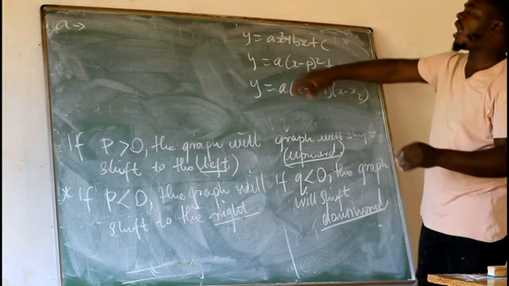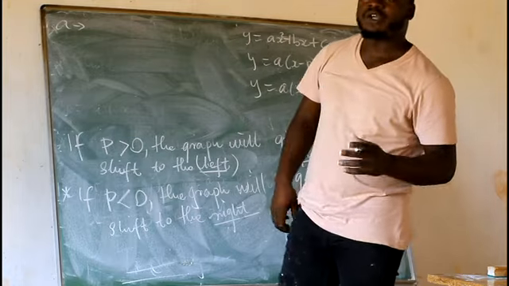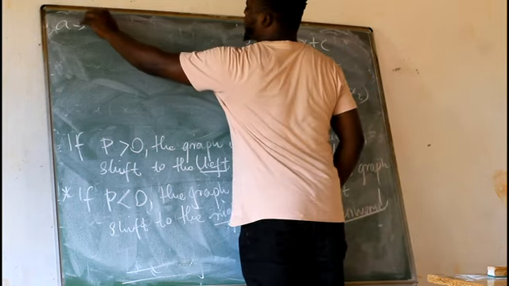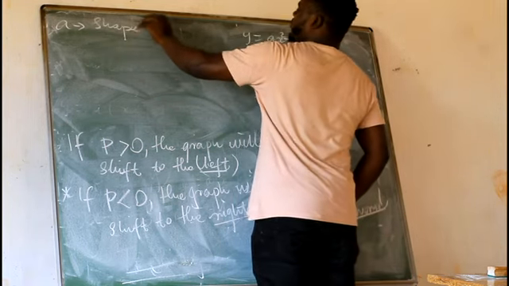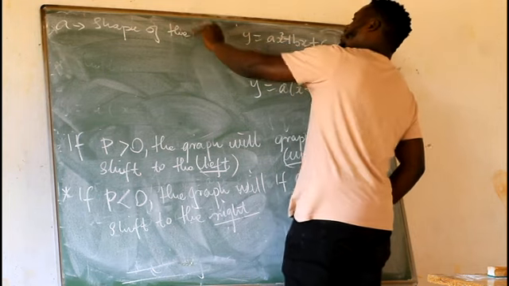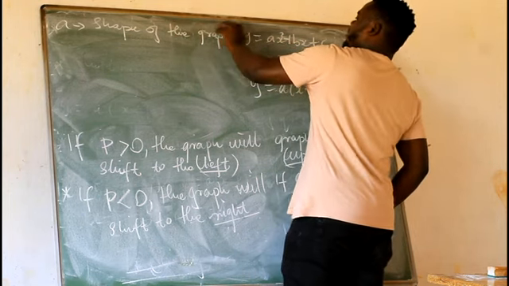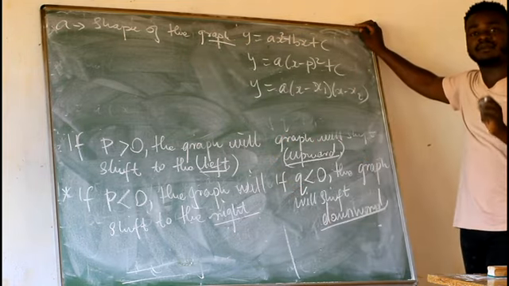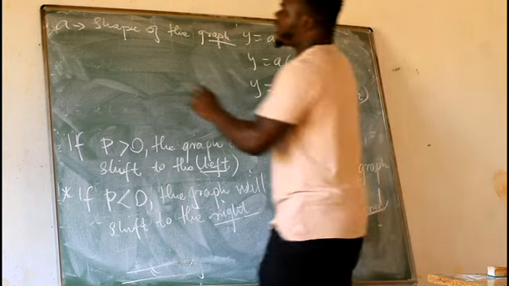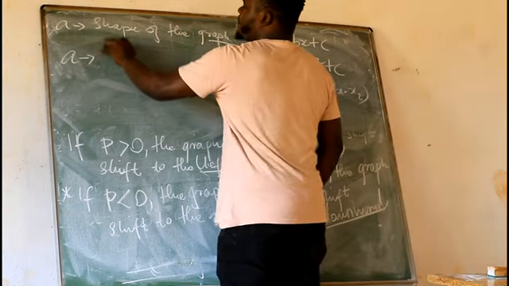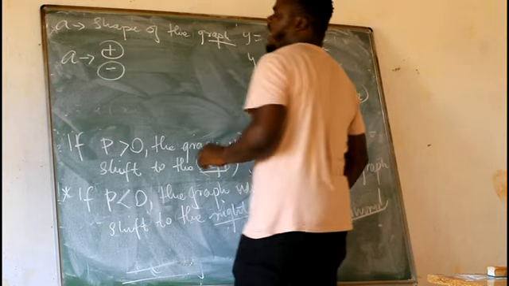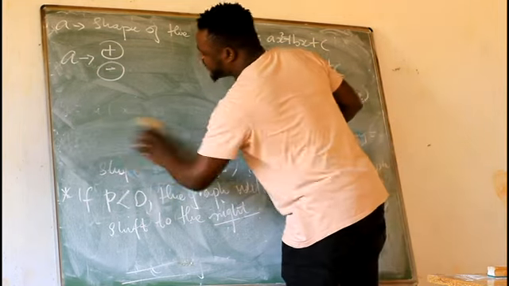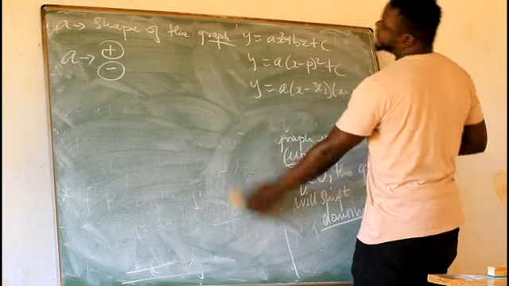Now you need to know the importance of that value of a. Our a determines the shape of the graph. And remember, our a can be positive or can be negative.